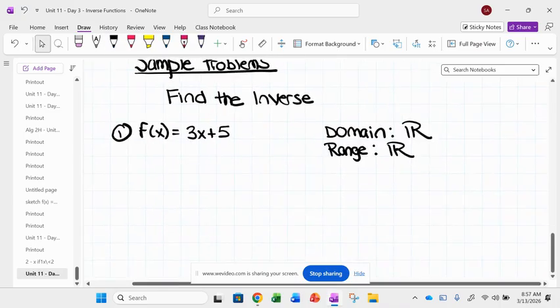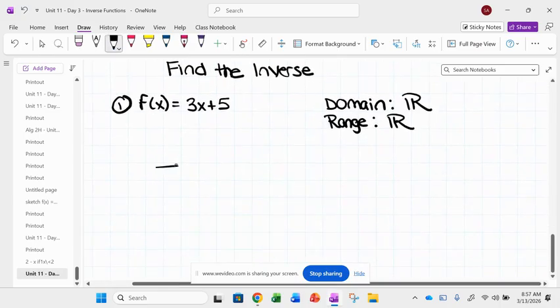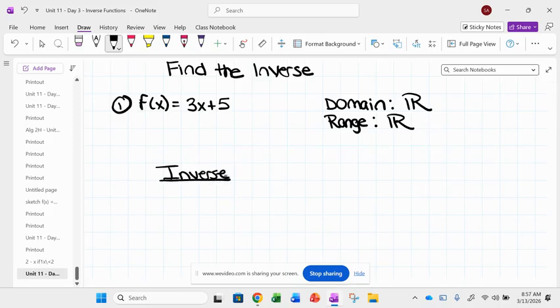So now when we go to find the inverse, the domain and range play a big part. So now we're going to say the domain of the inverse. Well, isn't the domain of the inverse the range of the original?